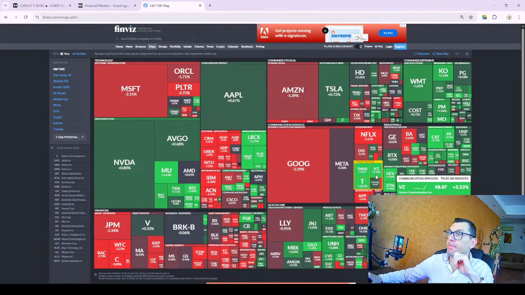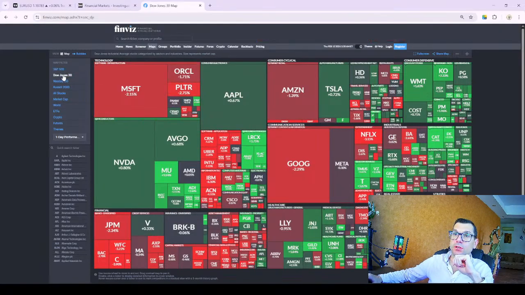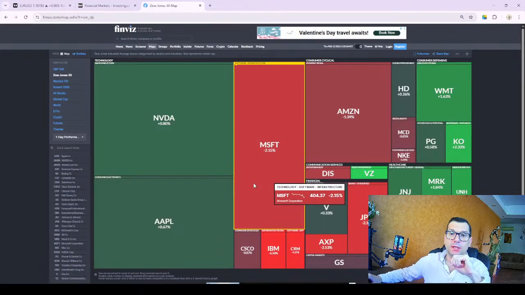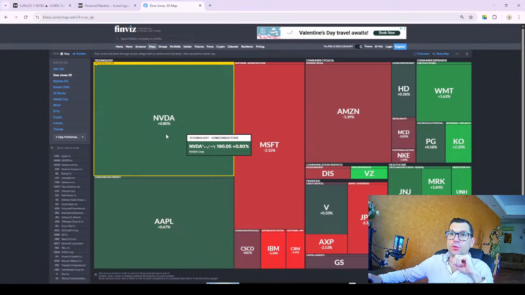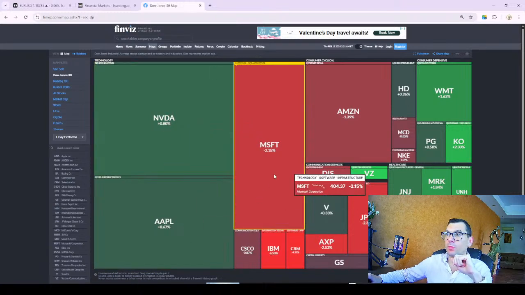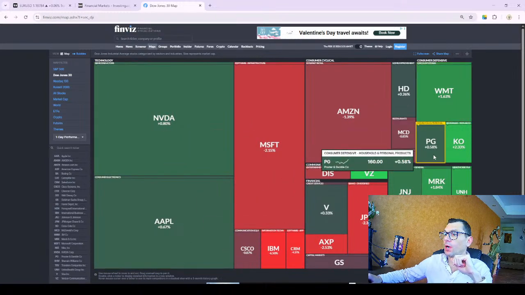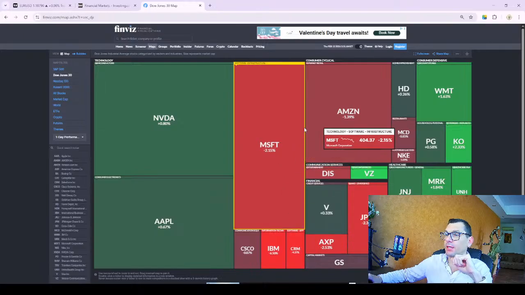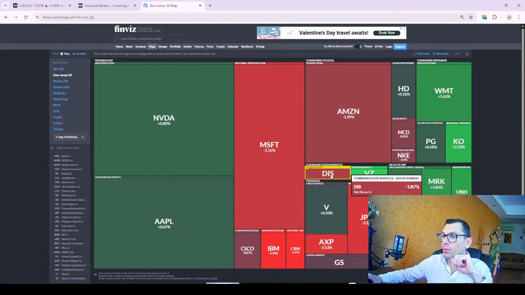Now, moving forward, this is Dow Jones 30, the 30 biggest companies industrial index, and you see in Dow Jones NVIDIA, Apple, Microsoft, Amazon, Walmart, JP Morgan, IBM, Cisco, Salesforce, telecom, Disney.